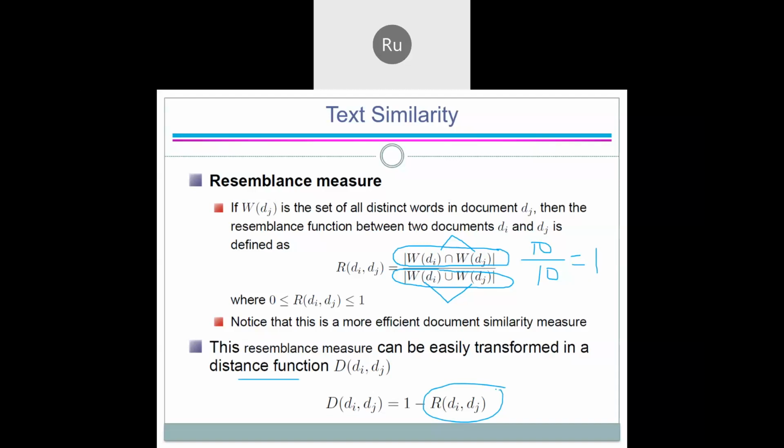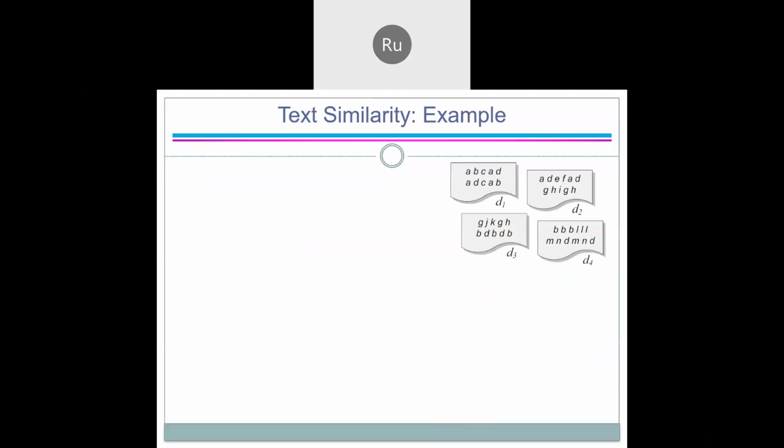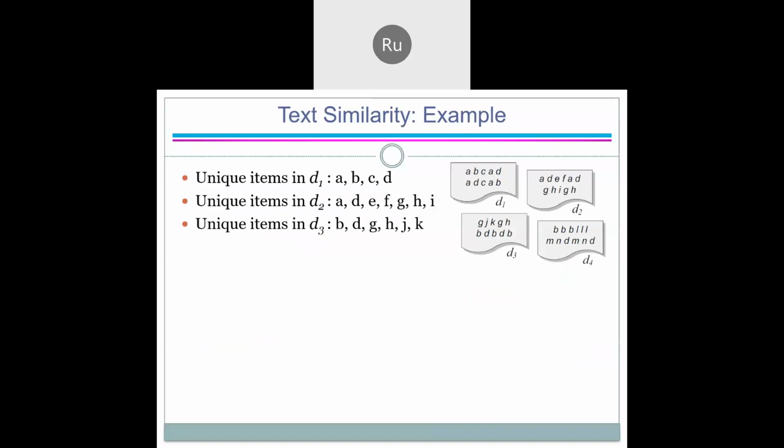So how do we apply this formula? We look at the example here. The first thing that we need to do is to list all the unique terms that we have for each document. Document 1 has 4 unique terms. Document 2 has 7. Document 3 has 6. Document 5 has 5.